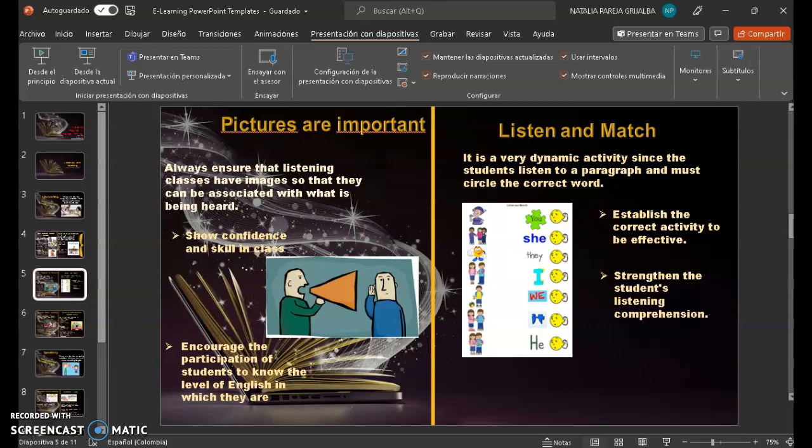Then we find the design of very didactic activities for the students such as listening and match. Okay, they are activities that will help the student strengthen their learning.